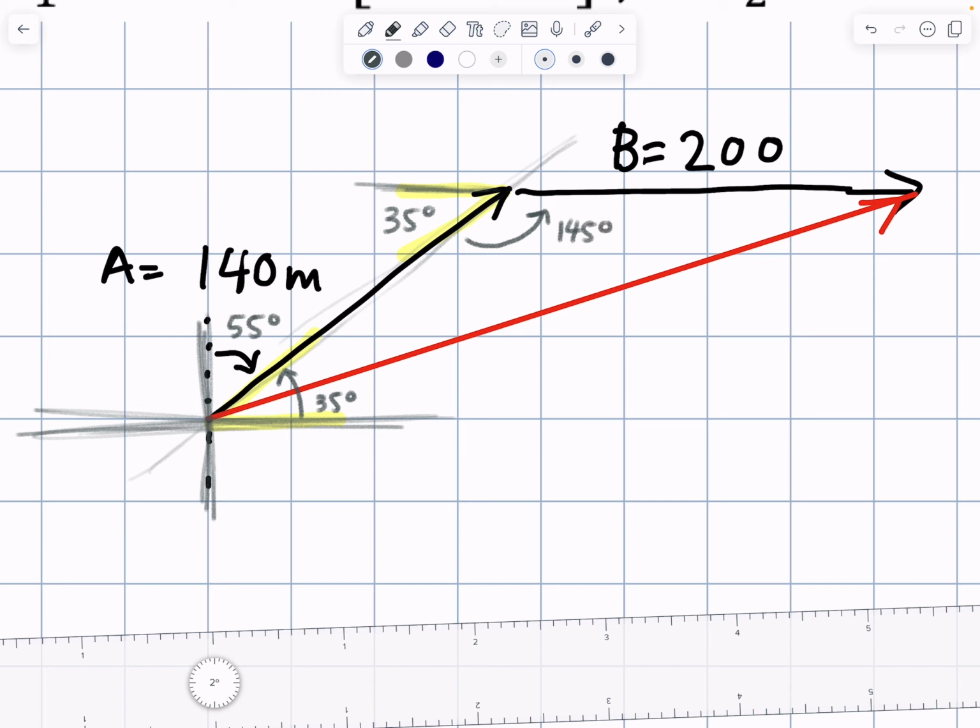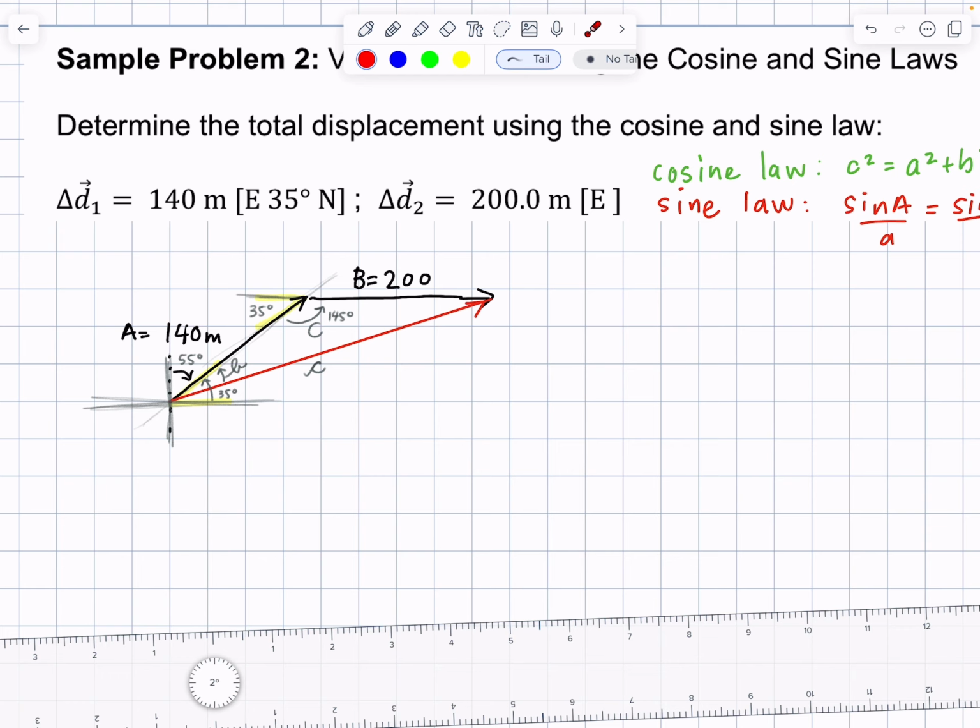I'm going to label this as angle C and this as side C. We have side B, and that would make this angle inside angle B. I'm going to use the sine law. Actually, first I'm going to use the cosine law to find the magnitude of our total displacement, this line C.